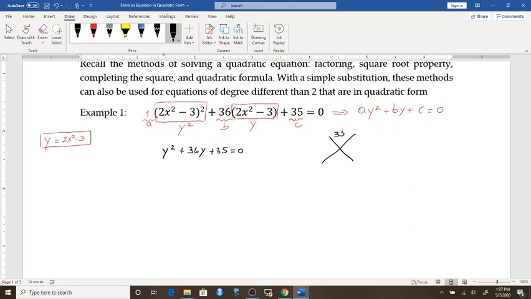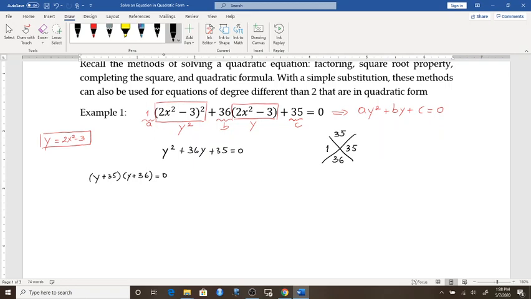We need to find two numbers whose product is 35 and whose sum is 36. What are these two numbers? Well, these two numbers must be 1 and 35, because the product is 35 and the sum is 36. We can use the shortcut since the value of the leading coefficient is 1, so we can write this as y plus 35 times y plus 1, and this is equal to 0.